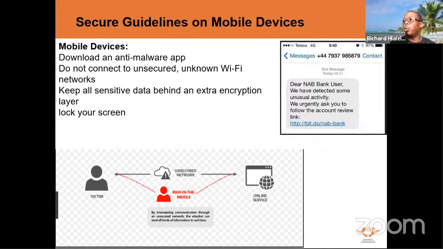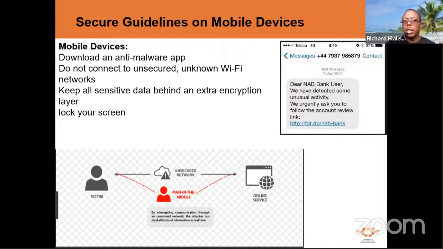Then the second point is around Wi-Fi. When we use Wi-Fi, we just need to make sure that there's that little lock on the Wi-Fi icon. That means that the encryption on the Wi-Fi connection that you're using is on, and whatever communication you have with anybody on the internet or in cyberspace is now secured.